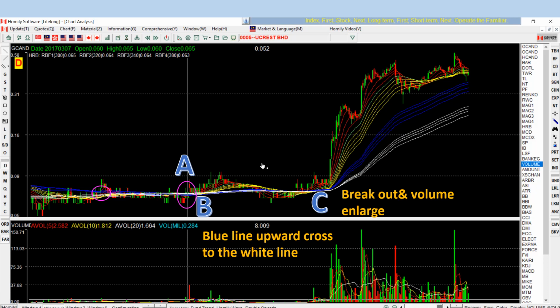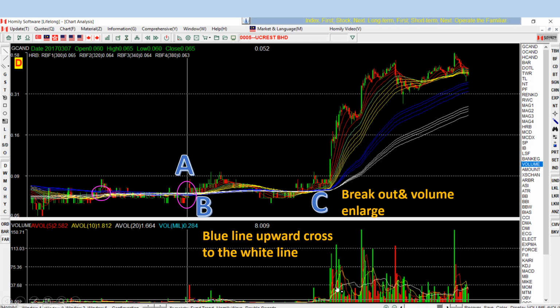So here we can see the price breakout, and finally we can see the red line, the green line, the yellow line, and also the blue line and the white line upwards. So here will be the beginning of the long-term uptrend.